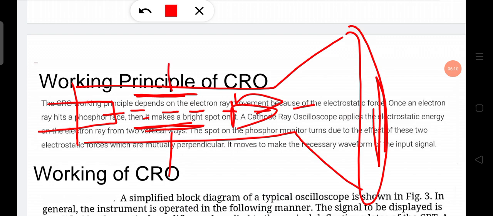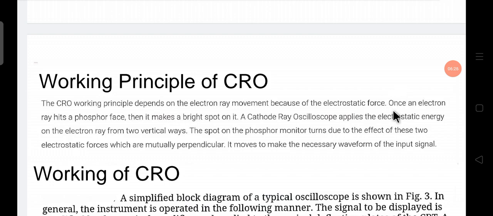So that horizontal plate and vertical plate apply electrostatic force on that beam, and when that electron ray hits a phosphorus, that fluorescent screen, it makes a bright spot on it.